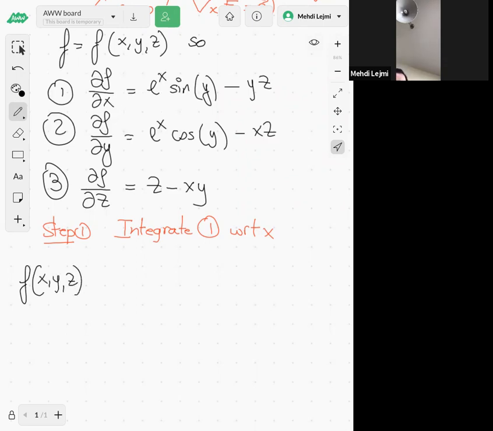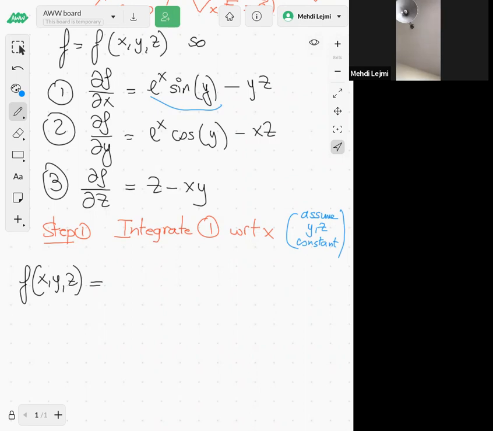Now, what's the integral of e to the x sine of y? When you integrate with respect to x, you assume that y and z are constant. So sine of y is just constant, and we just integrate e to the x.